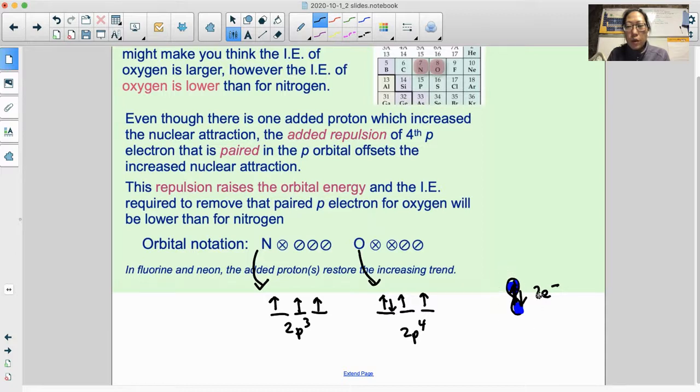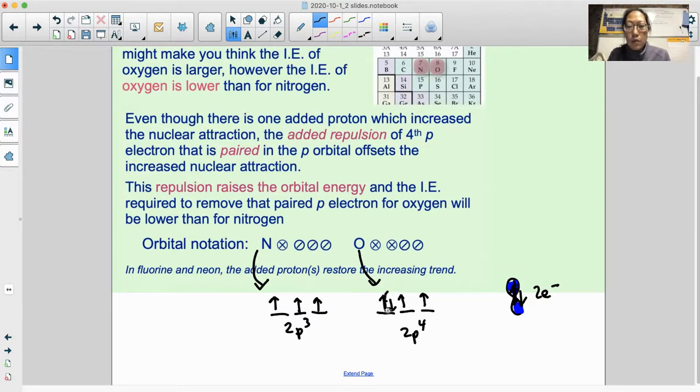When they repel each other, this causes repulsion energy. It increases the energy of that orbital, making it a little less stable. Therefore, there's this repulsion energy that is not present in nitrogen.